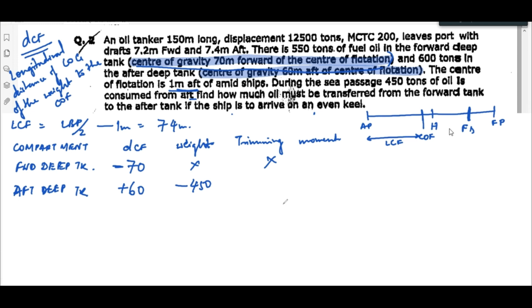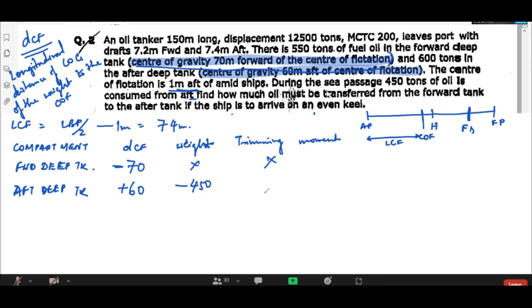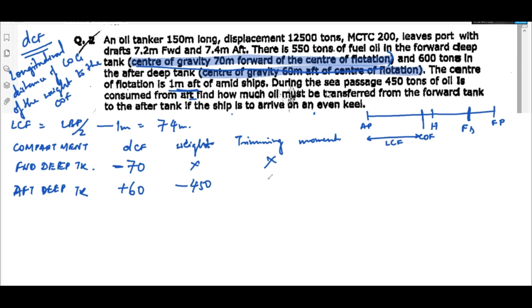Okay, so how much do we have here? -27,000. 27, yeah, 27.